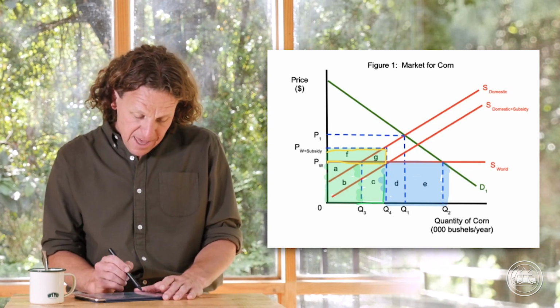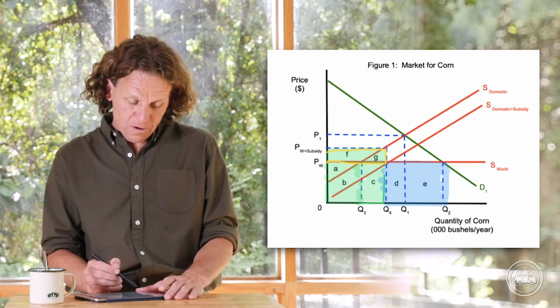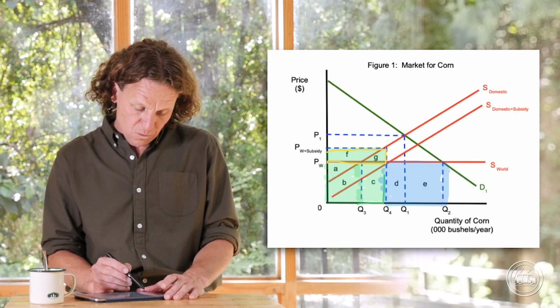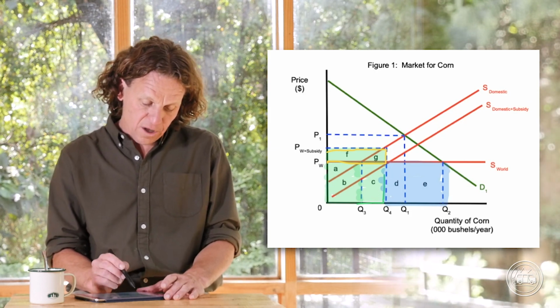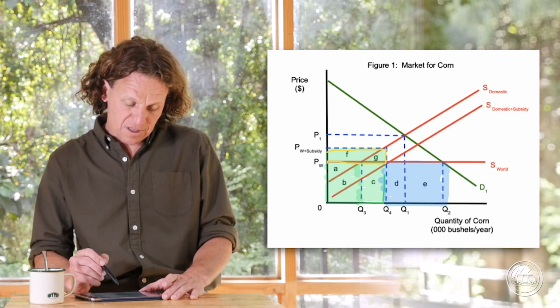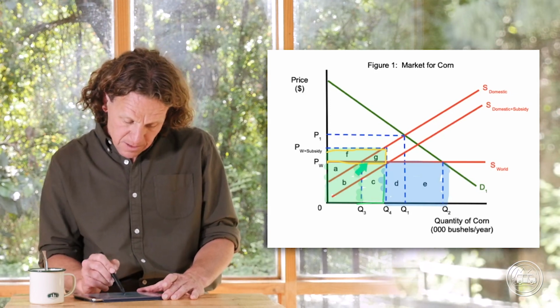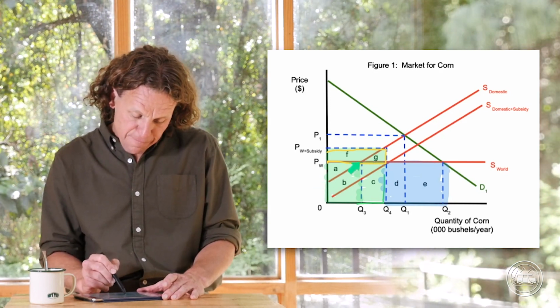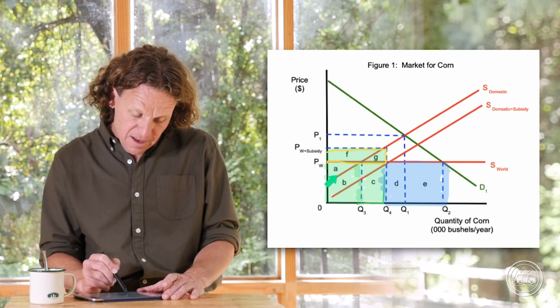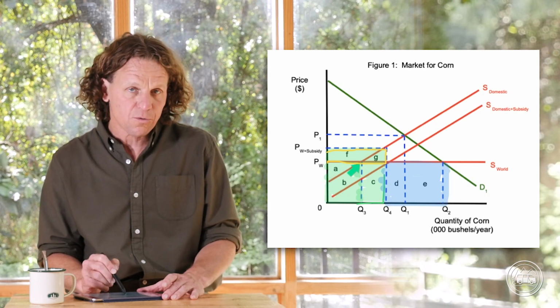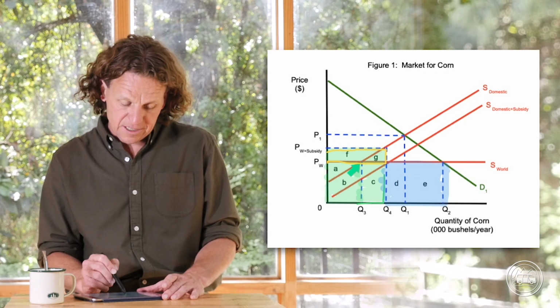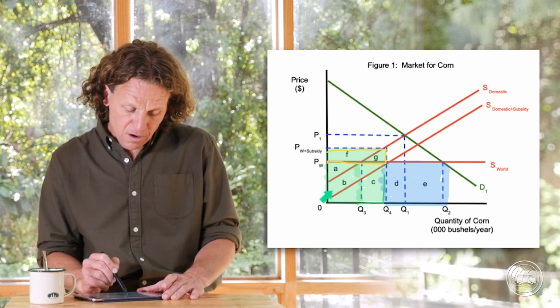Okay, and then we need one more piece of information: what about the welfare loss as a result of the subsidy? Well, here's the thing. Remember that before the subsidy, these people right here are the only people that could produce corn in the United States. What the subsidy did is lower everybody's costs.